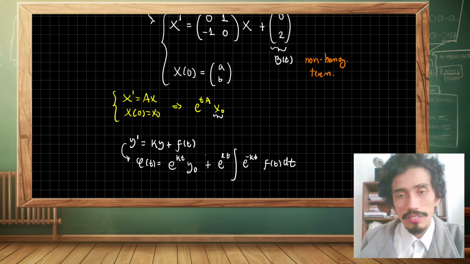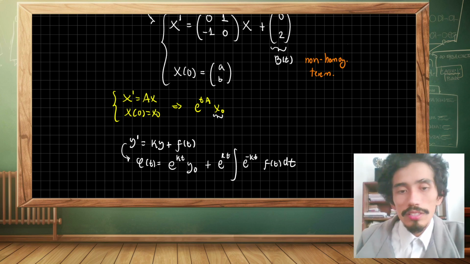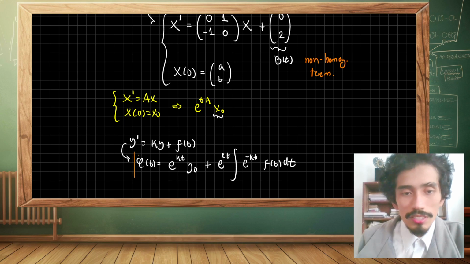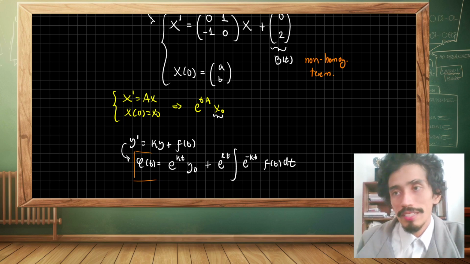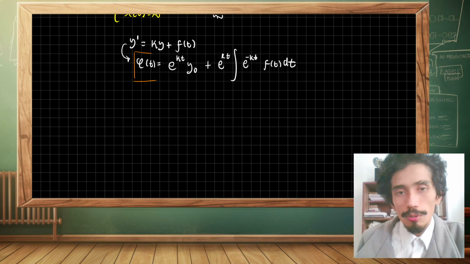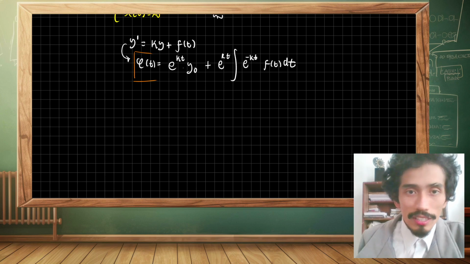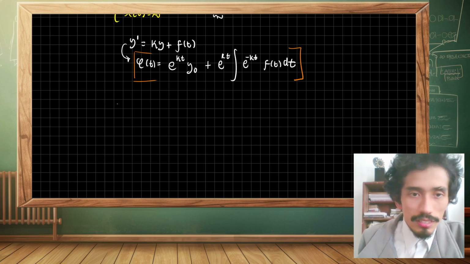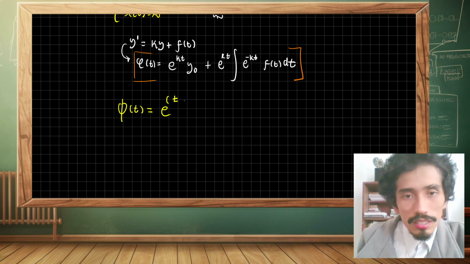So we know this. Now we will try to apply a formula that is similar to this one, but for matrices. It also has some differences, which is like this. Now this is the exponential of a matrix.